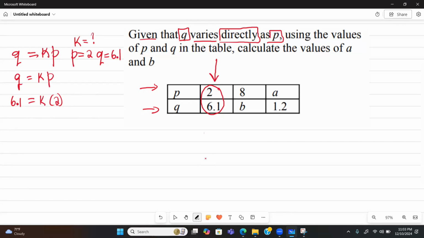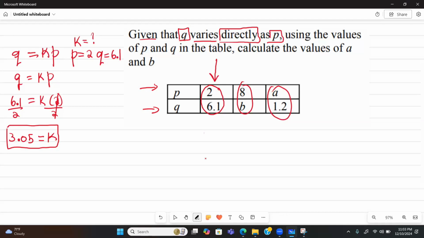To find k, we're going to divide throughout by 2. So 3.05 is equal to k. Now that I know what k is, I am able to work on b and a.